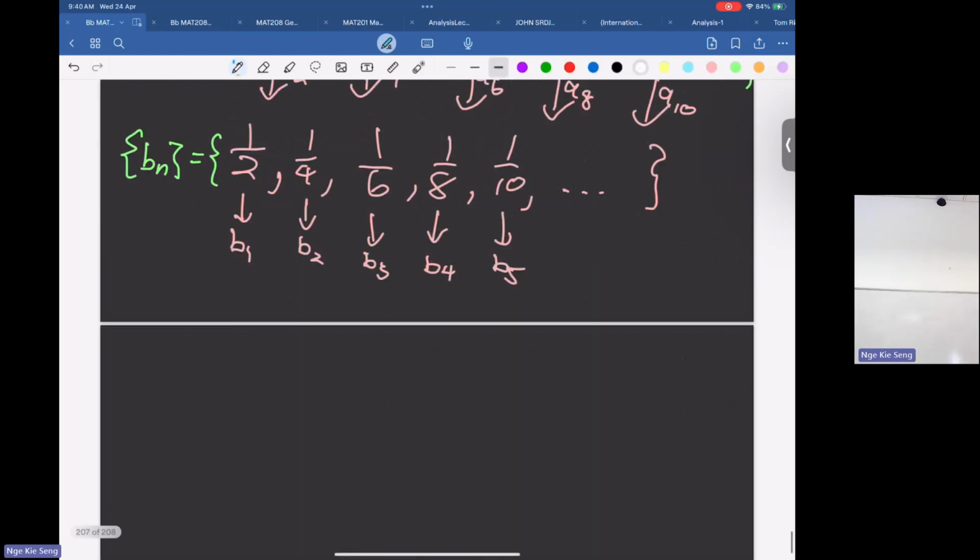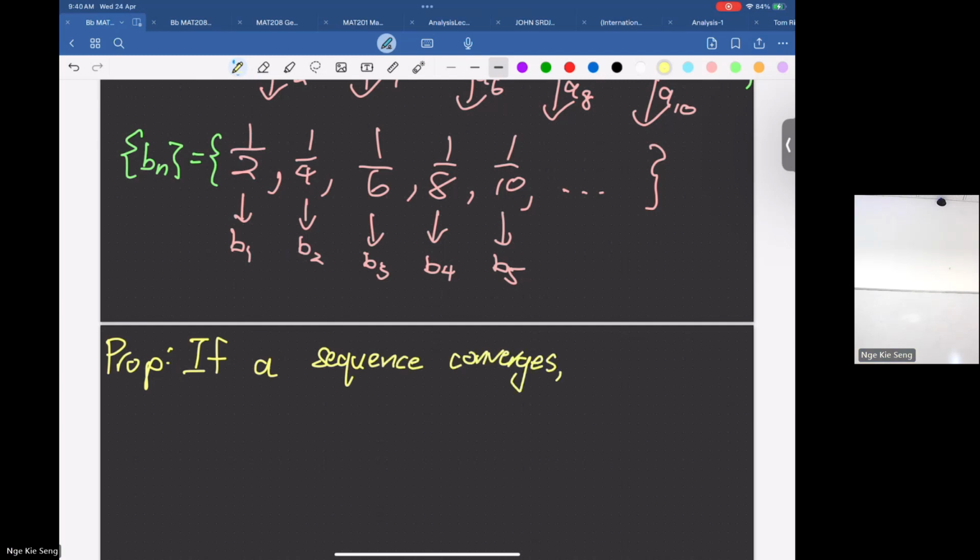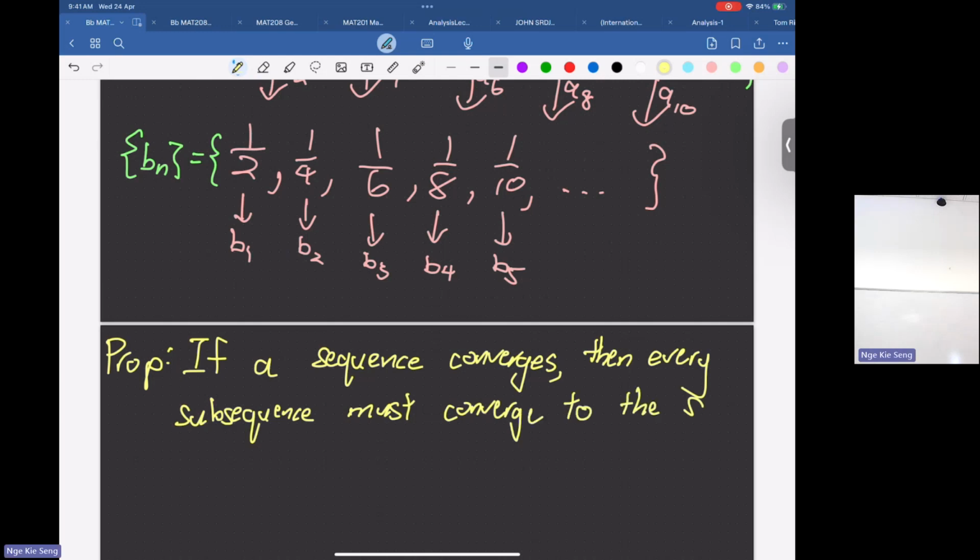So the result here is like this. Proposition: can we say anything about a subsequence of a convergent sequence? If a sequence converges, then every subsequence must converge to the same limit.